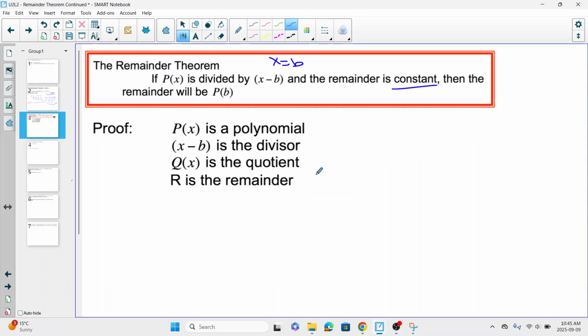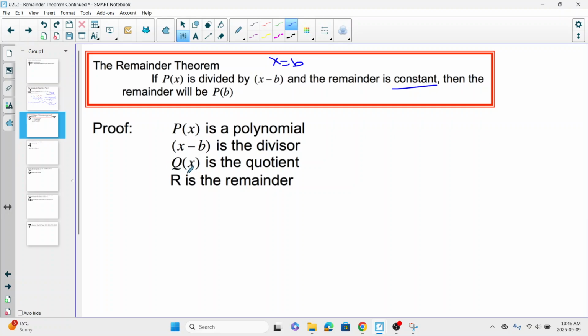So just really quickly here, the proof. If we were to consider this information, p at x is some sort of polynomial, we want to divide it, the divisor is x minus b, and when we divide out x minus b, we are left with a quotient, which we'll call q at x, the quotient function, and also the remainder is r.